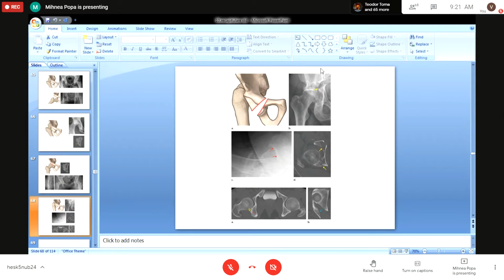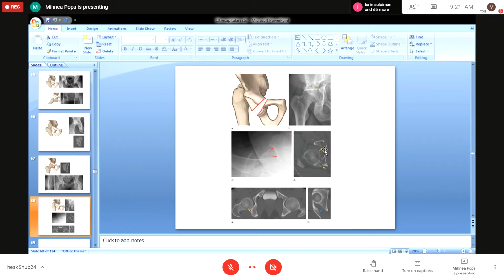As you can see here, the destruction of both anterior and posterior columns of the acetabulum. In these cases, the treatment is through surgical means because the displacement is too high for just orthopedic means. So we'll have to put a plate and screws there and reduce the fracture as well as possible.